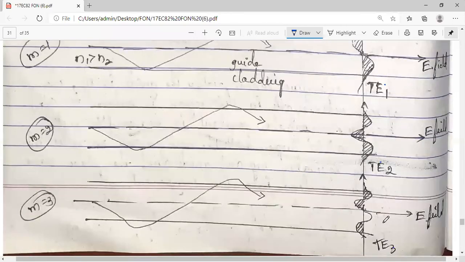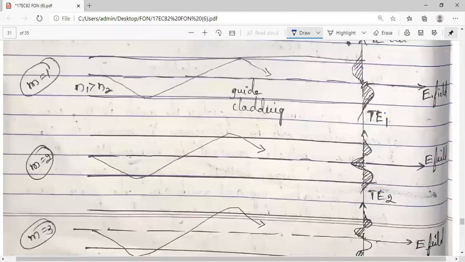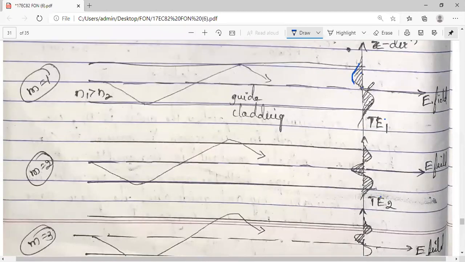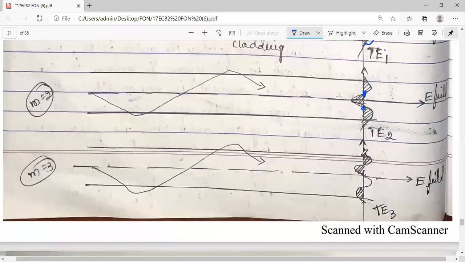And these numbers 1, 2, 3, what do they signify? The number of zero crossings. You can see here, the zero has crossed once. Here 2 times the zero has crossed. Here 3 times the zero has crossed. So this signifies the number of zero crossings by the electric field.